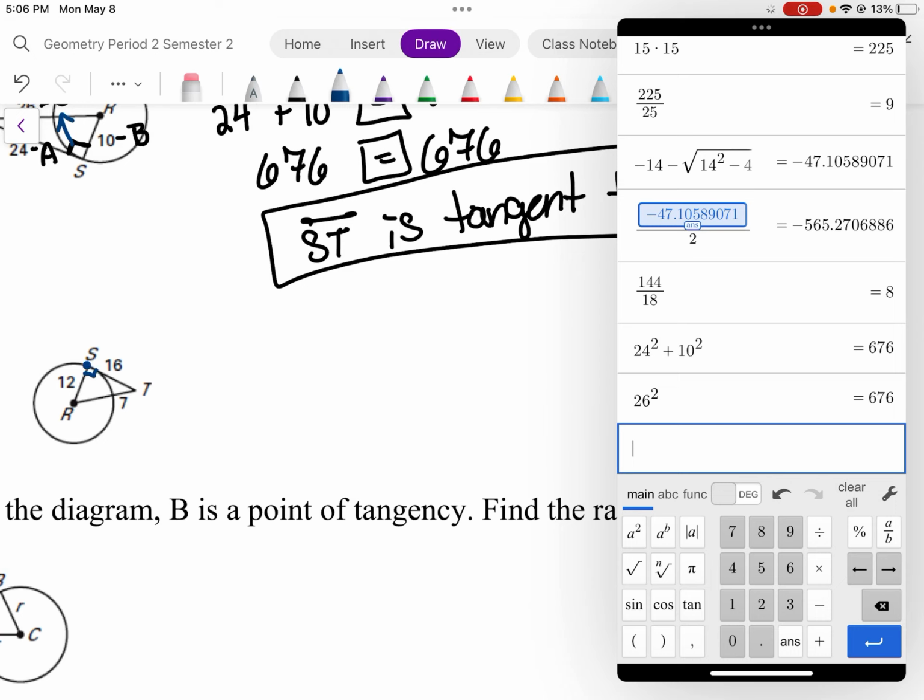So the tangent line is the one on the outside that meets the circle at one point, and that is also where the right angle is. So AB in this one would be 12 and 16, and our C value is 7.